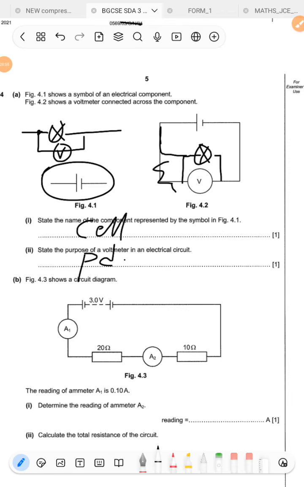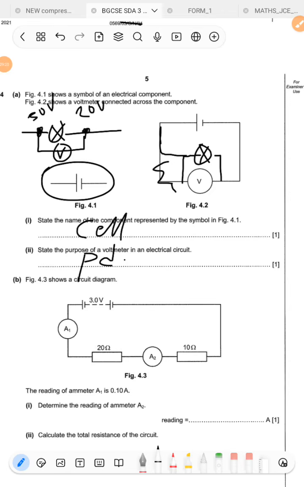So what's going to essentially happen is that inside the voltmeter, it is going to detect the amount of voltage coming from this side. Let's say it's 50 volts, and then on the other side it is going to detect how much voltage is coming out after the current has passed through the bulb. Let's say it's 20 volts, and then the voltmeter will calculate the potential difference, basically how much of the voltage was used up inside the bulb.